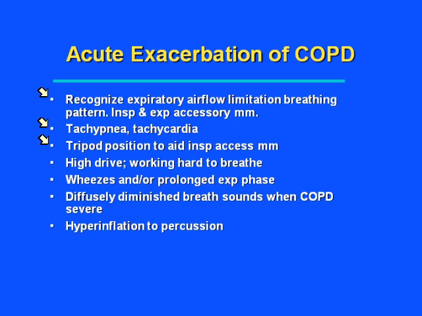And the reason for that is because the diaphragm is flattened due to the hyperinflation. The diaphragm no longer functions as effectively to increase the lung volume for inspiration. And so they use the upper neck strap muscles to aid in elevating the rib cage and being able to take in a breath.